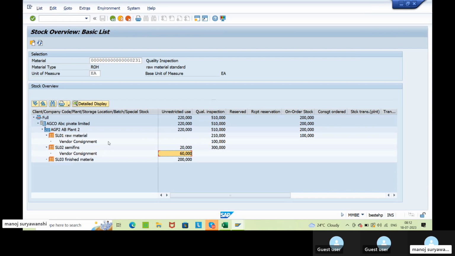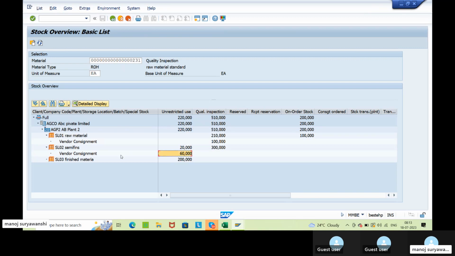Now if you see the total plant stock, the total plant stock I'm talking about only unrestricted use quantities. So in unrestricted at plant level I can see 220 quantities because in SL01 I don't have any quantities. In SL02 I have 20 quantities and in SL03 I have 200 quantities. So 200 plus 20, 220 quantities are there.